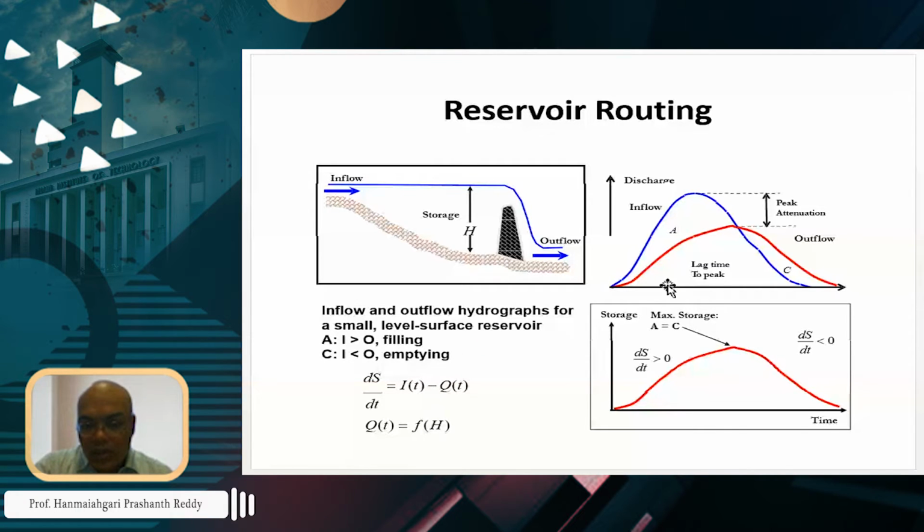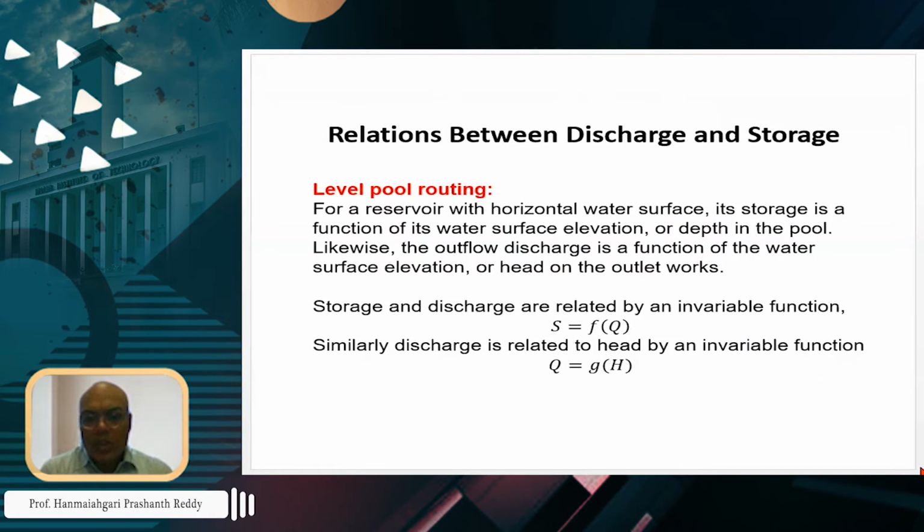So this is A, that is where the reservoir is filling. This is the C, where the reservoir is emptying. So when the reservoir is filling, inflow is greater than outflow, and when the reservoir is emptying, inflow is less than outflow. So this outflow discharge of a reservoir is in some way a function of the storage.